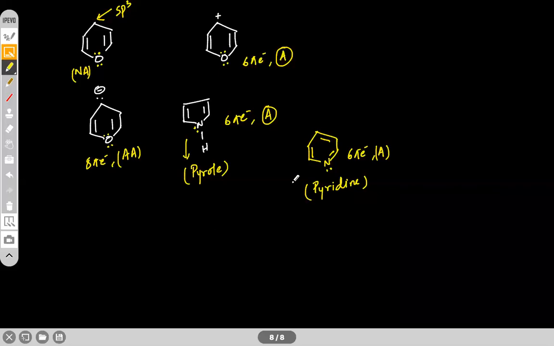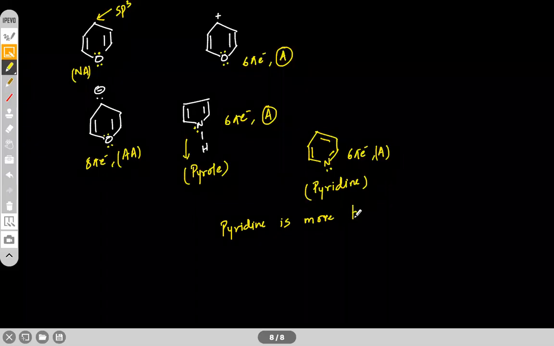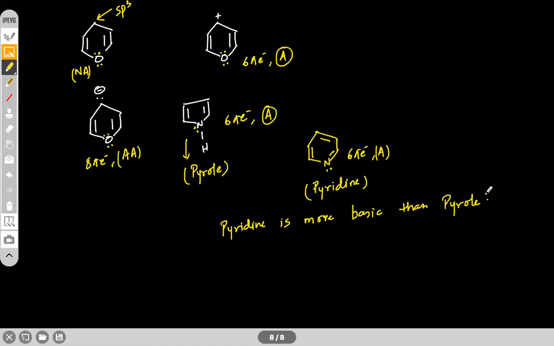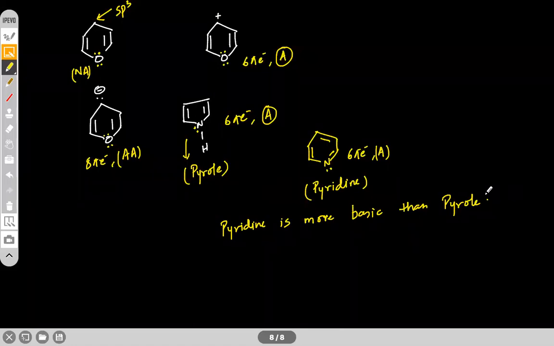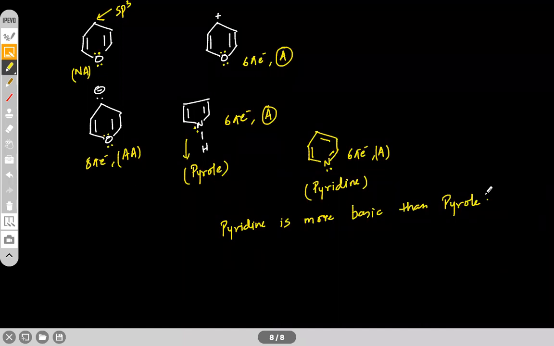Correct. So hence the basicity, if you compare, pyridine is more basic than pyrrole. Got it?